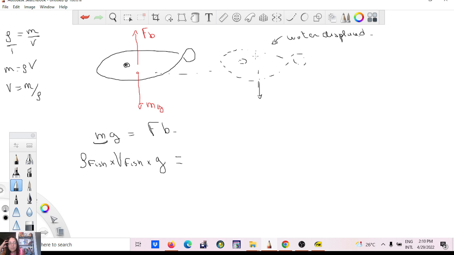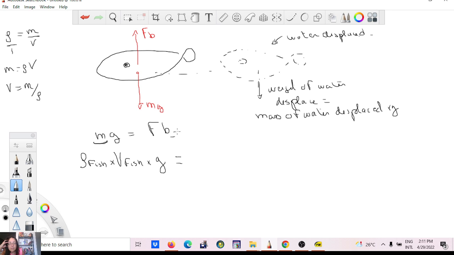And then the buoyant force will be the weight. So imagine you have displaced that much water, that will be exactly the same volume as the fish is taking. So the weight of the water displaced is going to be the mass of the water displaced times g.